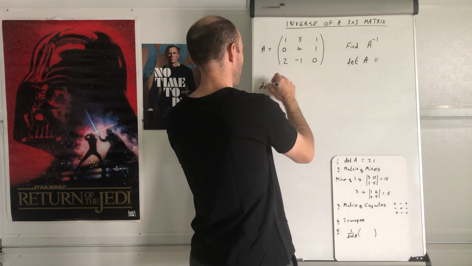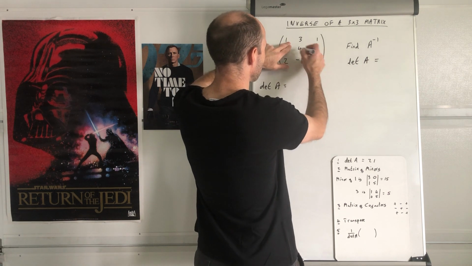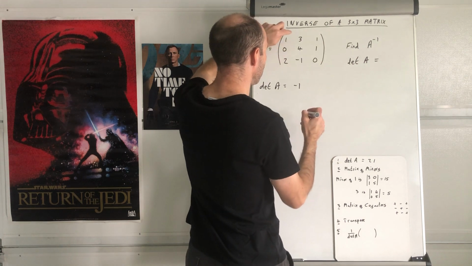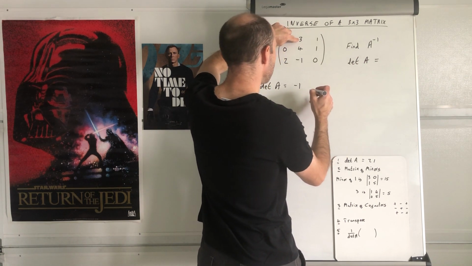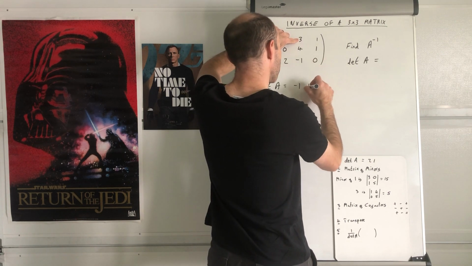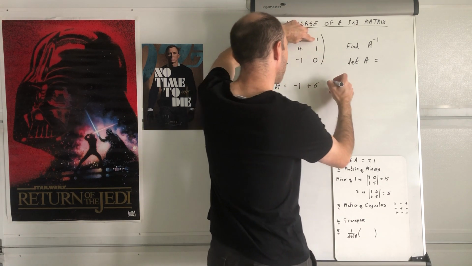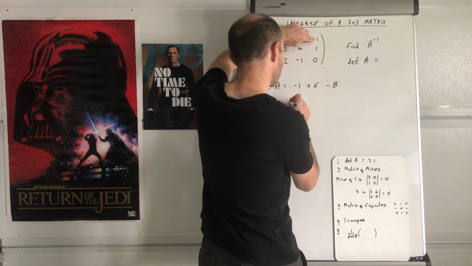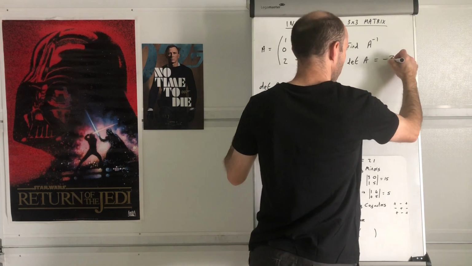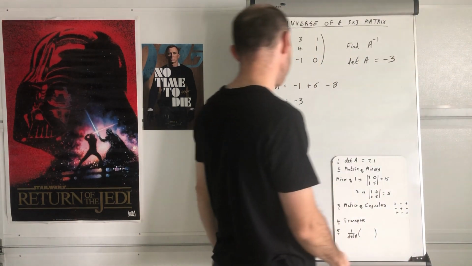The determinant of A is going to be 1 times that, so -1, and then subtract 3 times -2, so it's +6, and then plus 1 times -8, subtract 8, so it's -9, -3, so the determinant is -3. I'm going to check that, and of course it's not -3.